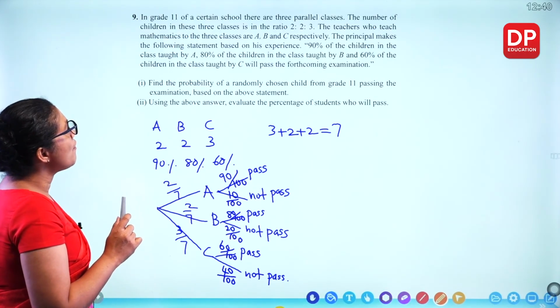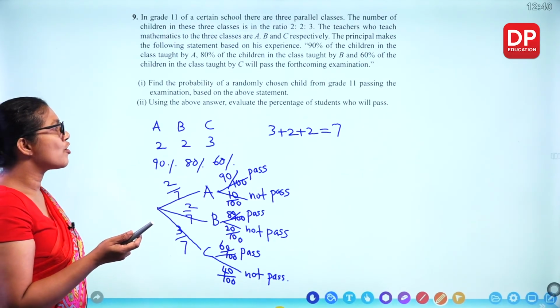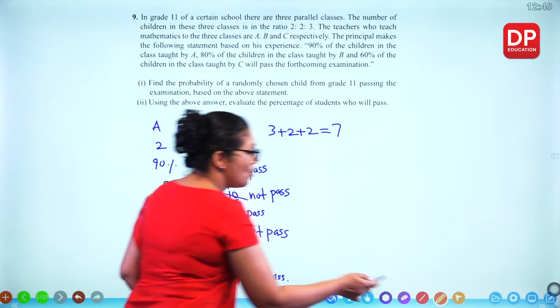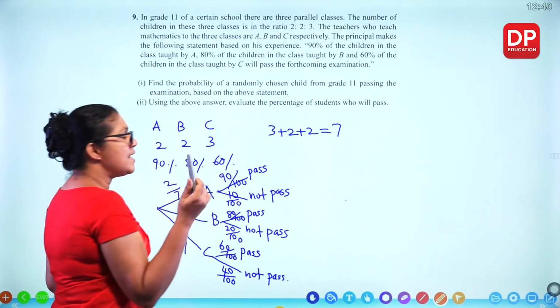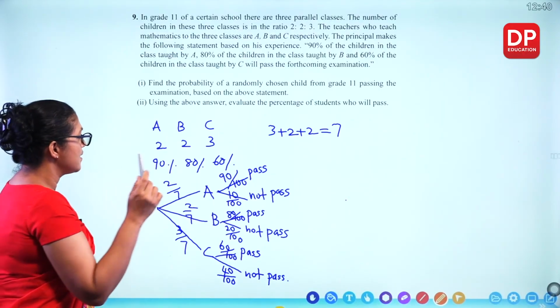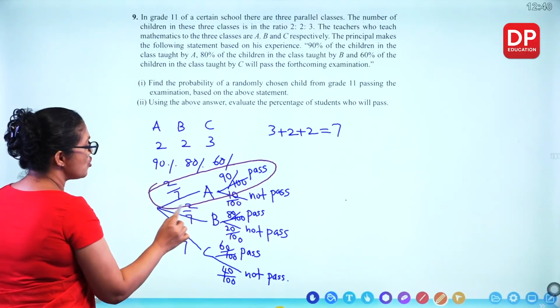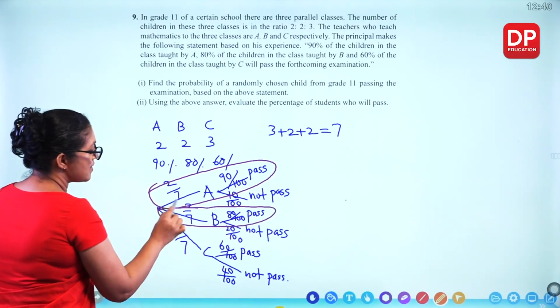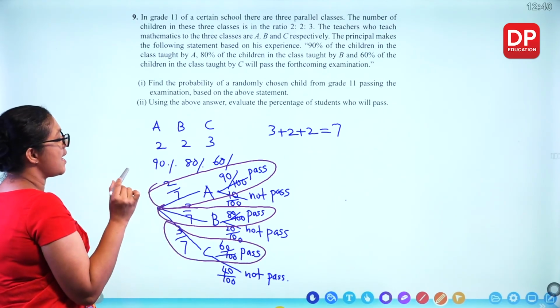Find the probability of a randomly chosen child from grade 11 passing the examination based on the above statement. So you can select either from class A or B or C passing the examination. So you can take this branch, B with passing the exam and C with passing the exam.